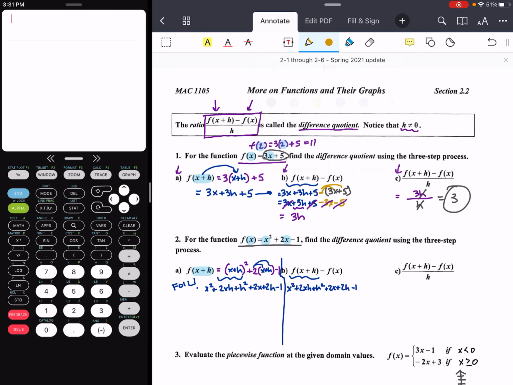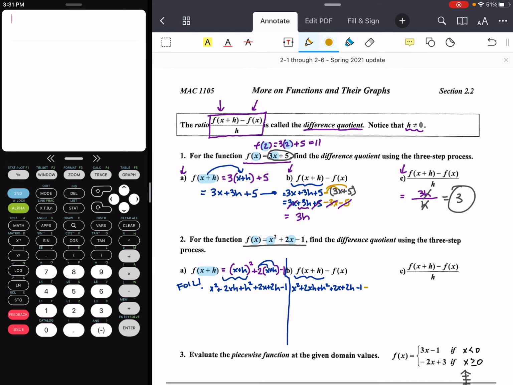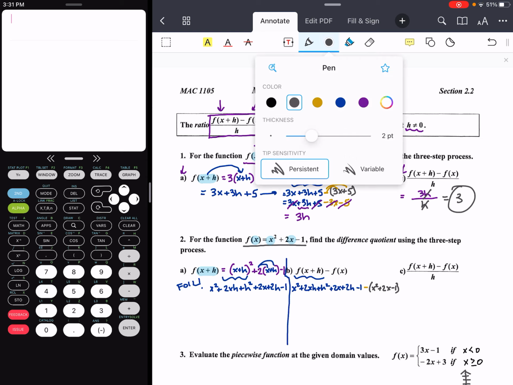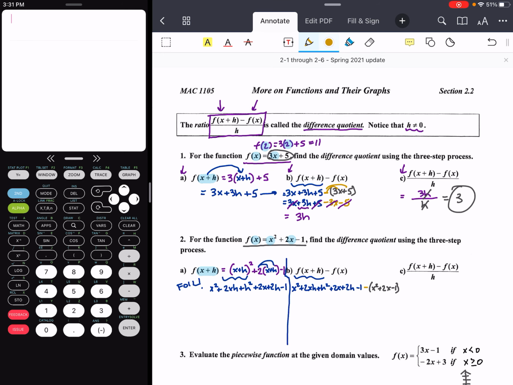And now I want to subtract f of x, which means subtracting x squared plus 2x minus 1. All right, so when I distribute, this gives me minus x squared minus 2x and plus 1.